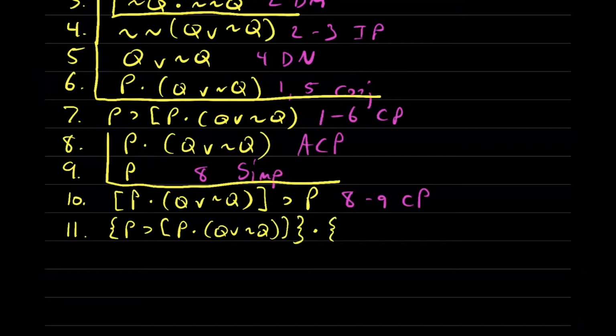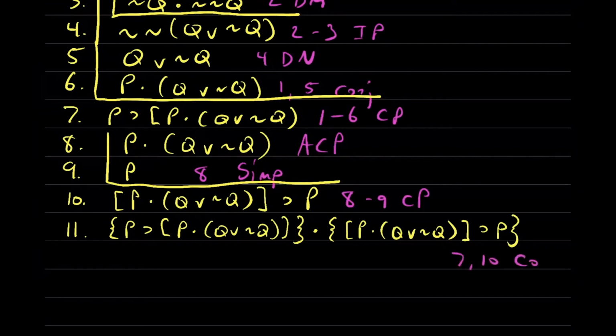And another curly brace, line 10, square bracket, P and Q or not Q, in the bracket implies P, and close the curly brace. And that is going to follow from lines 7 and 10 by conjunction.